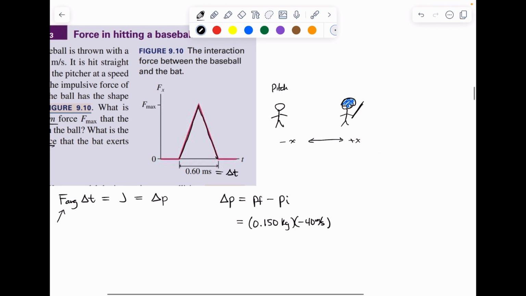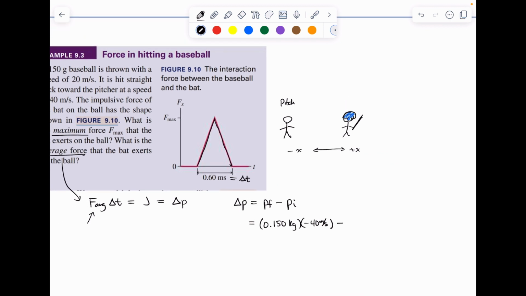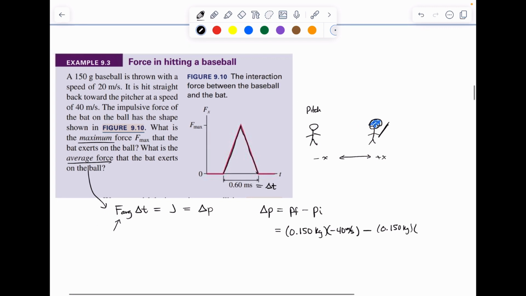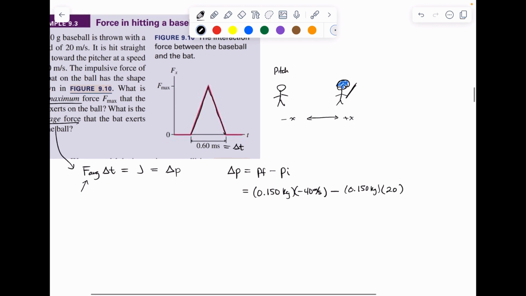Okay, here we go. So that's final momentum. Then we have this minus sign, and then initial momentum, 0.15 kilograms times the speed of 20 meters per second. That would be positive 20 meters per second. So what is the change in momentum?